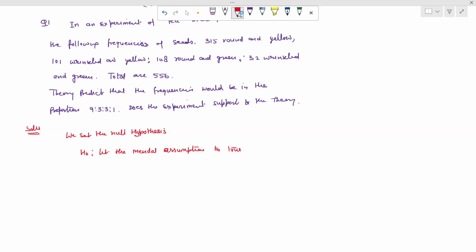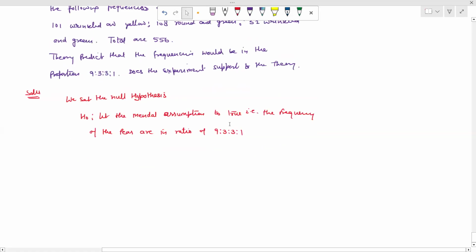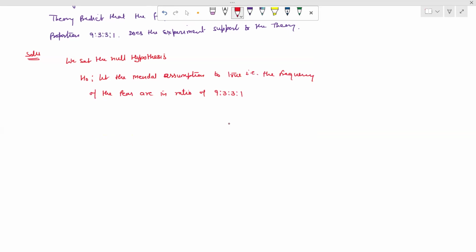That is, the frequency of the peas are in ratio of 9:3:3:1. So now we obtain the expected frequency. Here observed frequencies are already given. So now we calculate the expected frequencies.